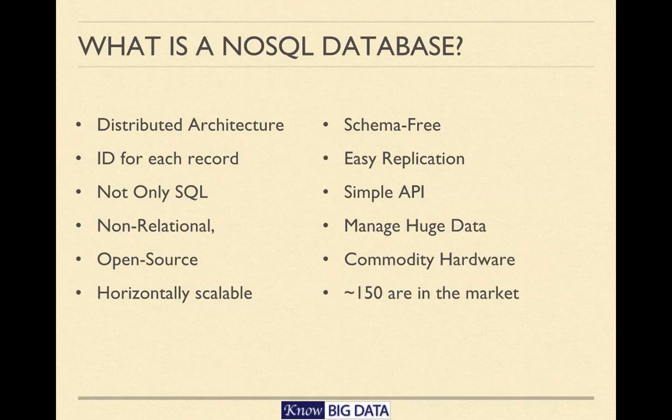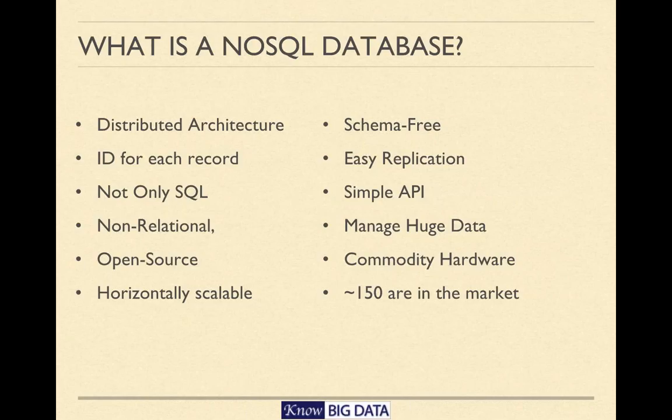Let me explain how. So when we say something is distributed, it's going to distribute data, right? And in case of database, it is ideally supposed to distribute a table because table grows row by row. Now, if it can't distribute the table, then it won't be able to handle huge data.